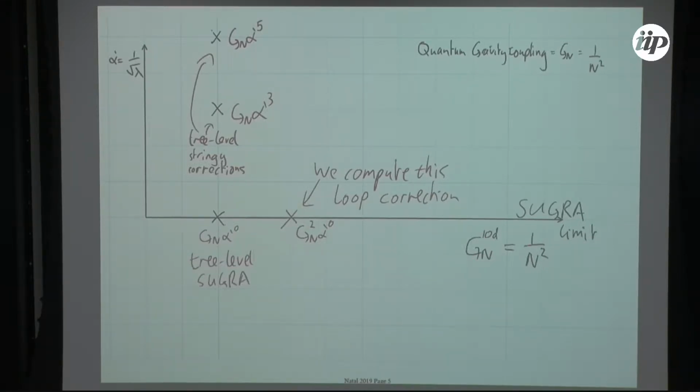So tree level supergravity, I normalize everything, so we start with 1 here. So this is a 1/N^2 correction times alpha prime to the 0. Of course, you can then look at tree level stringy corrections, and many people here have done so. Or you can go further in this direction, and you can look at loop level supergravity corrections. And then, of course, there are things up here which people have also looked at recently.